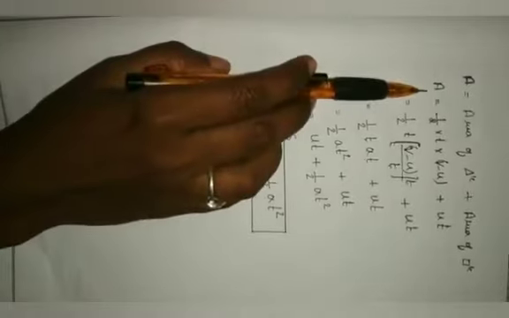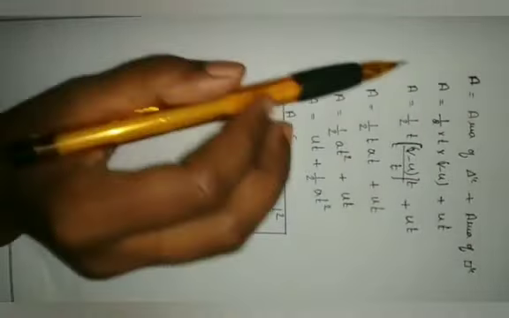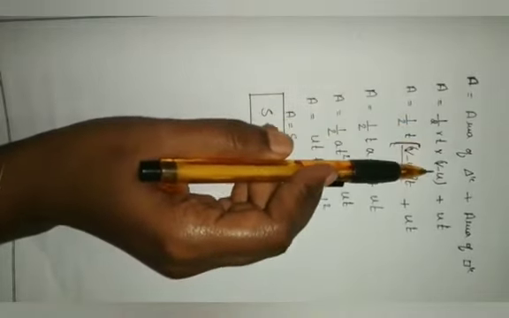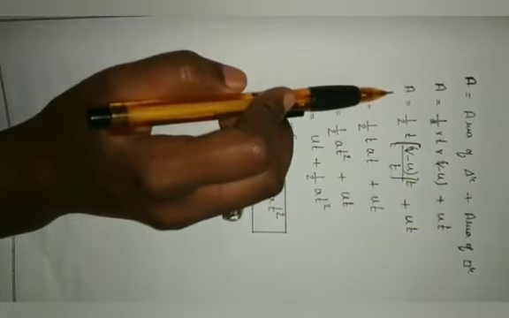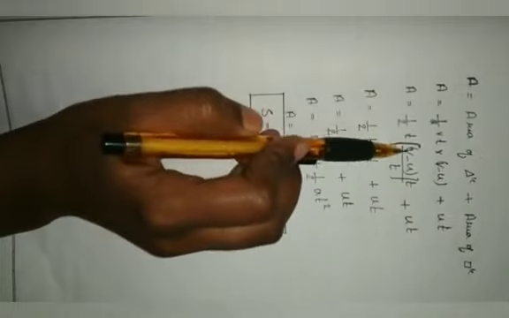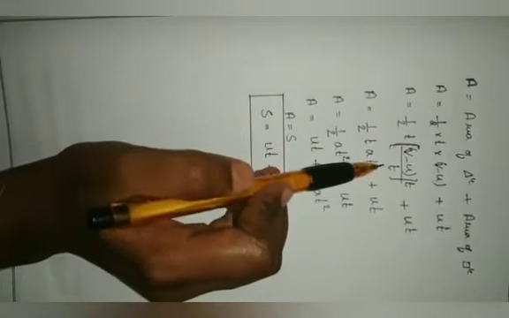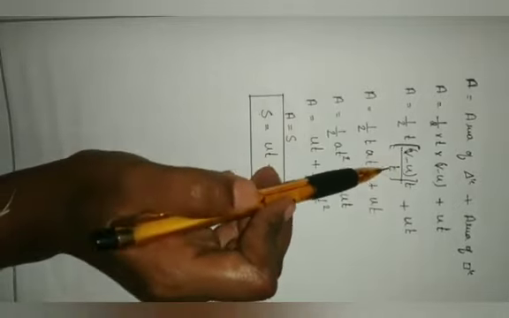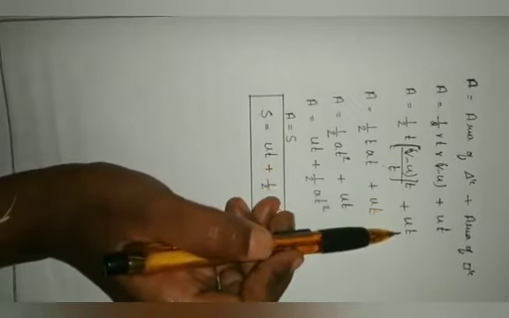On substituting, total area is equal to area of triangle plus area of rectangle. Area of triangle is half into T into V minus U, plus area of rectangle is UT. So area is equal to half into V minus U. Now we multiply and divide by T. So V minus U divided by T, multiplied by T, plus UT.